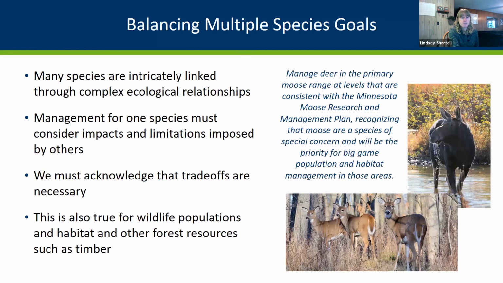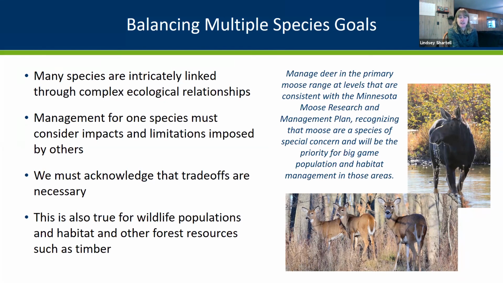Another challenge we face is balancing multiple species goals. Many species are intricately linked through complex ecological relationships, both positive and negative. Management for one species must consider impacts and limitations imposed by others. We must acknowledge that trade-offs are necessary. The deer plan demonstrates that with its guidance on deer in the moose range.